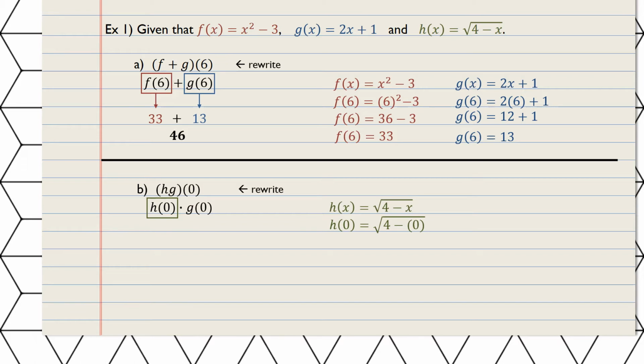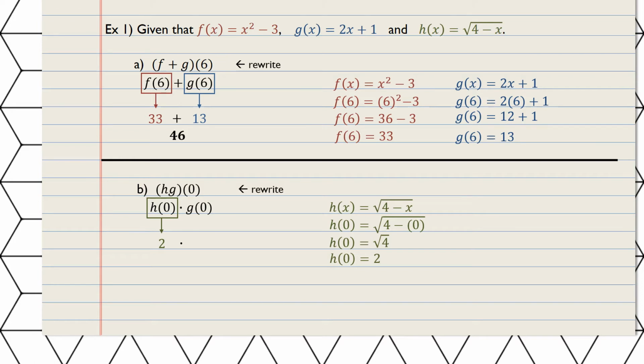Now we follow GEMS. Under the radical we see 4 minus 0, which we know is 4. But because we have the radical, we have to see, can we find the square root of 4? And yes, the square root of 4 is 2, which means h of 0 can now be replaced with 2.